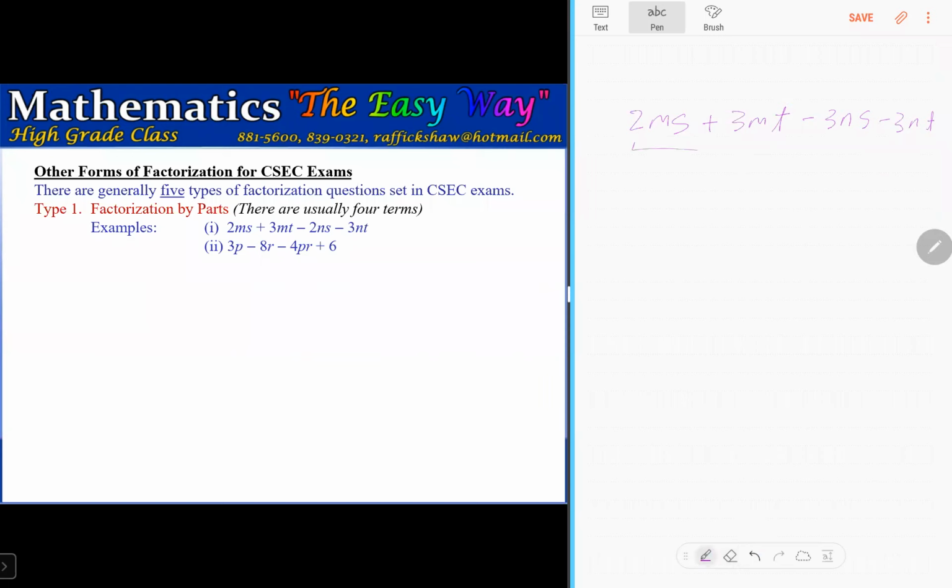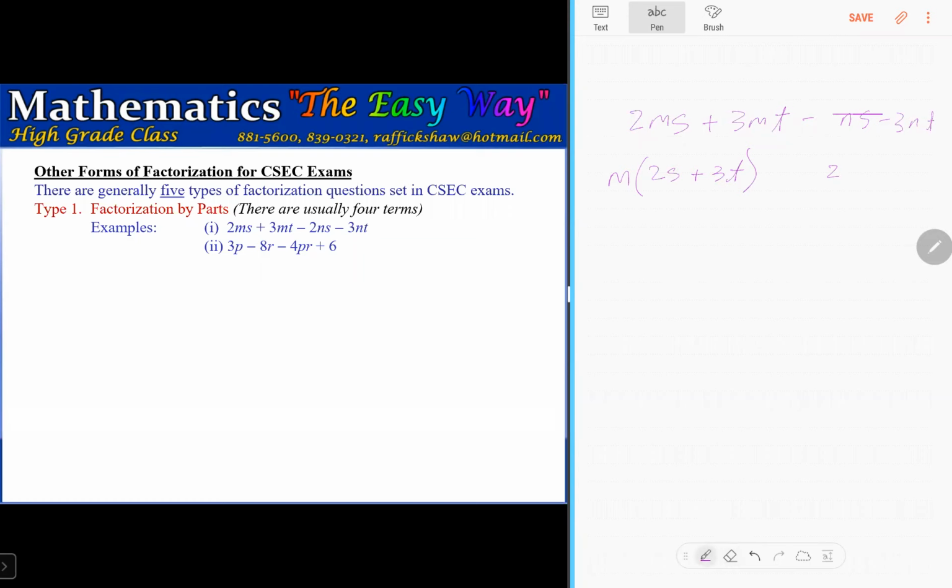So the highest common factor in the first 2 terms is m. When you factorize m, you get 2s plus 3t. Oh, this is not 3s over here, so this is a 2s.